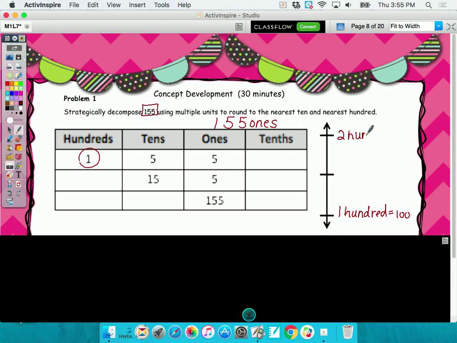So then we have 2 hundreds, which equals 200 in standard form. Halfway between 100 and 200 is 150. So I'm rounding the number 155.